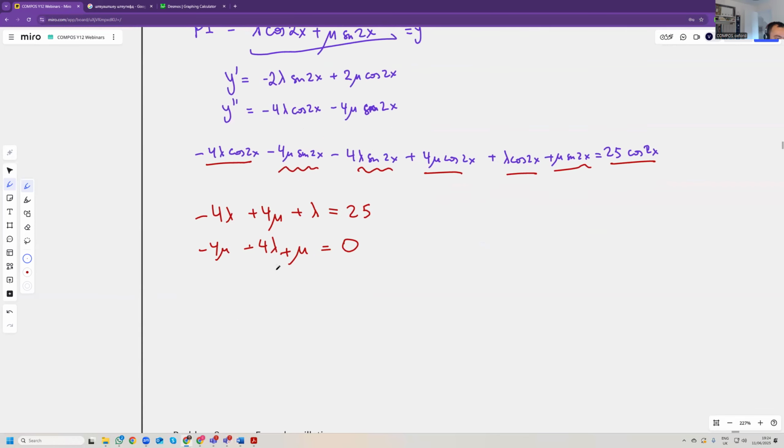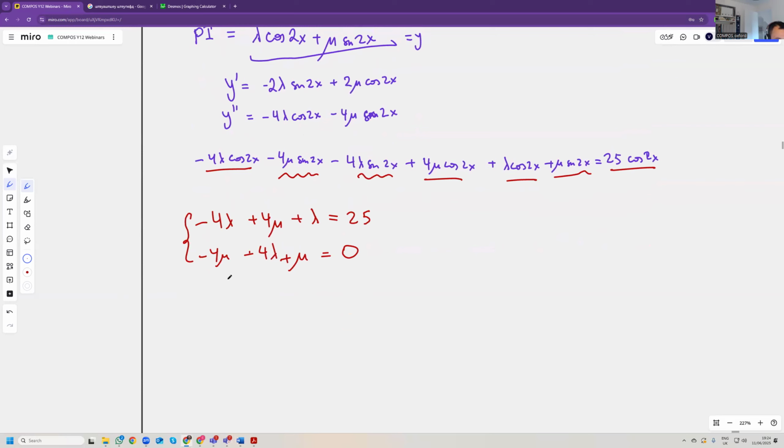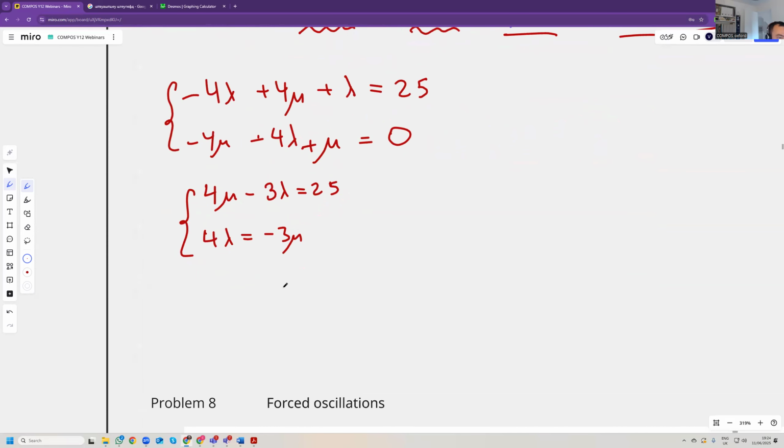Solving these simultaneously, we obtain 4 mu minus 3 lambda is 25, and 4 lambda is minus 3 mu. So lambda is minus 3/4 of mu.